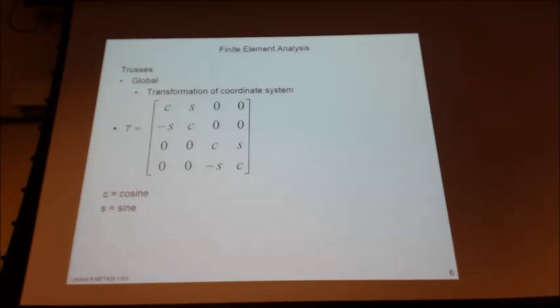Our translation matrix will look something like this. Top two rows are identified as the first row is the X, second row is the Y for N1, and then vice versa for N2.